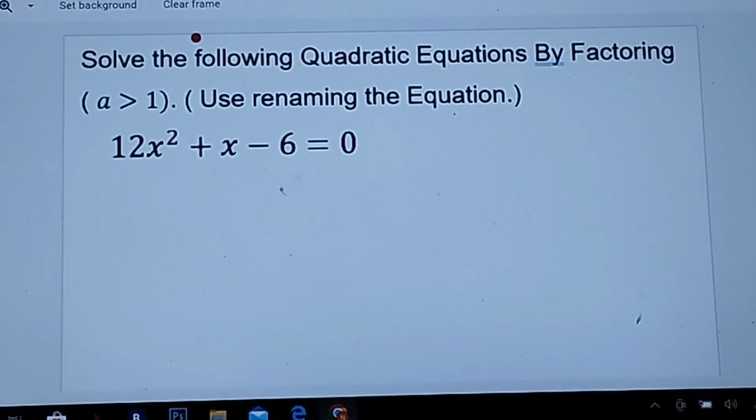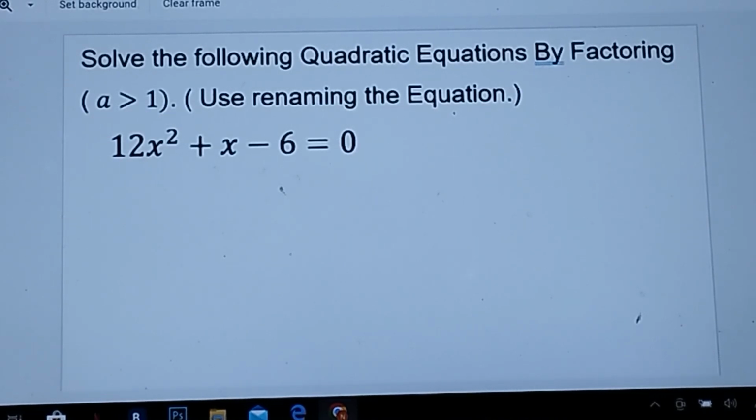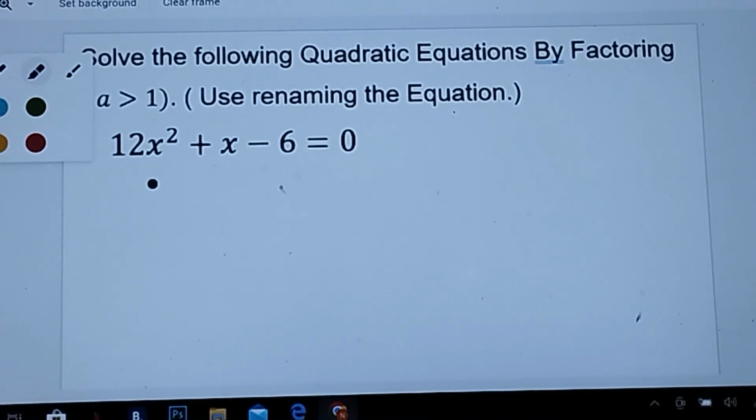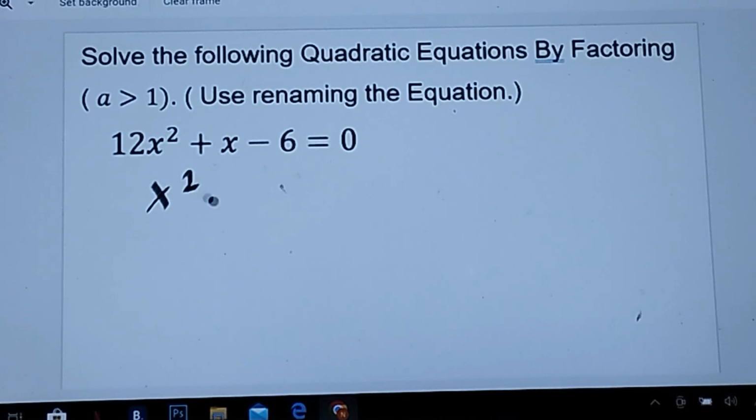Okay, so to rename the equation here, you will just make the value of A equal to 1. So from A greater than 1, we will make it equal to 1. So the equation now is x squared plus x.